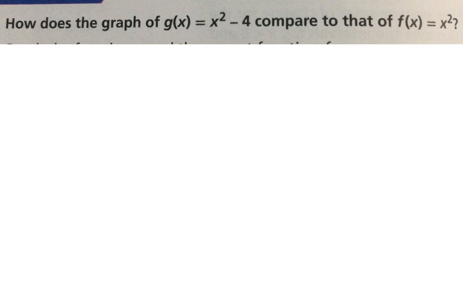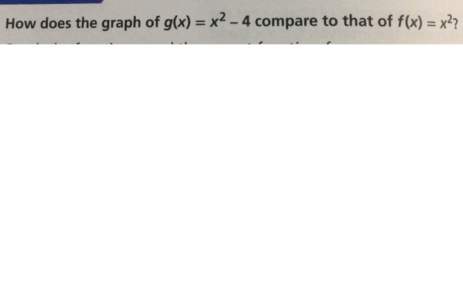So we're comparing x to the second and x to the second minus 4. Okay, once we have these, let's click zoom, and let's click 6 for a zoom standard look. So we're all looking at the same thing.